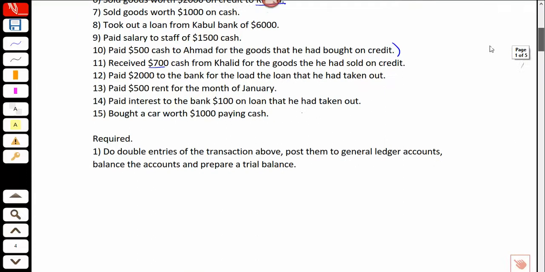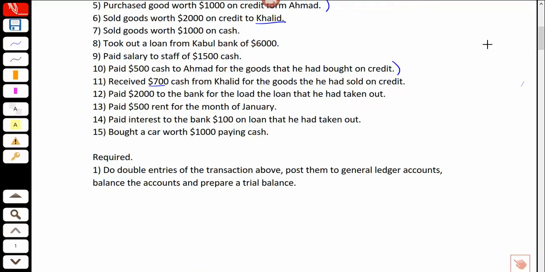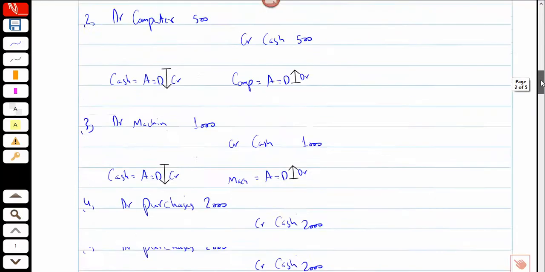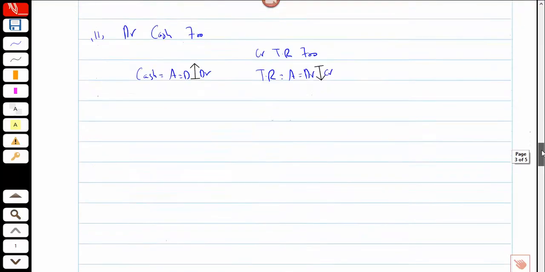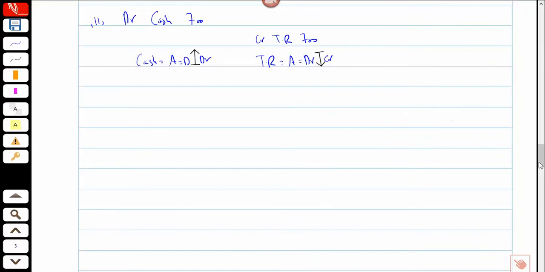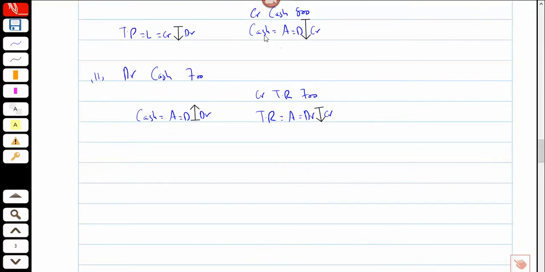Yeah? So 12. Paid 2,000 to the bank for the loan that he had taken out. So we took out a loan from the bank and we paid back some of that money. Yeah? Again, when we pay money, it is credit cash. So exactly this scenario. So credit cash.